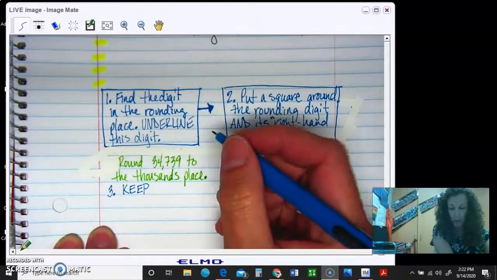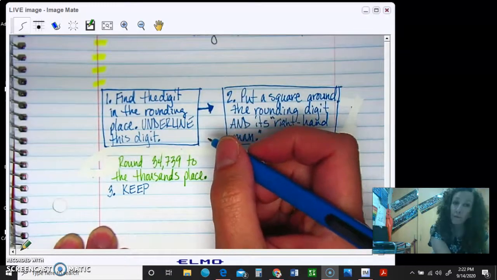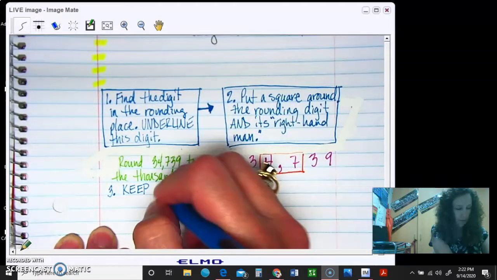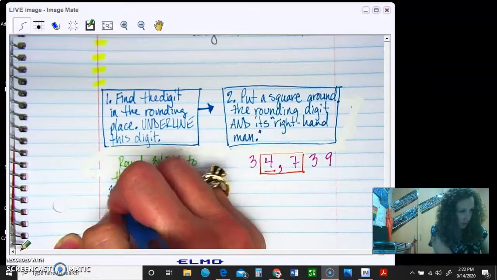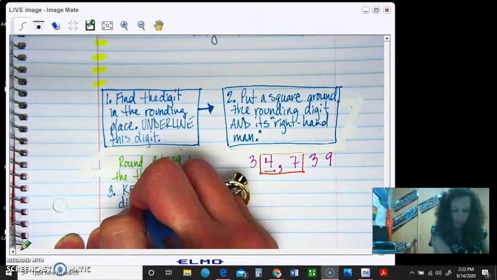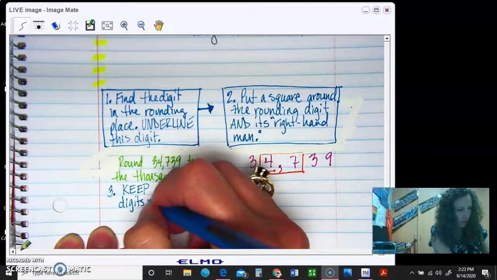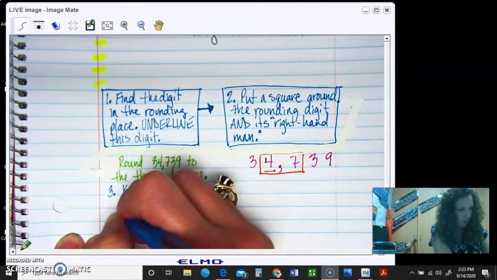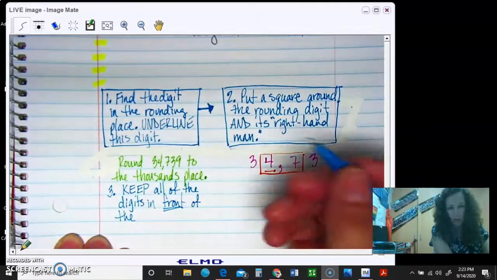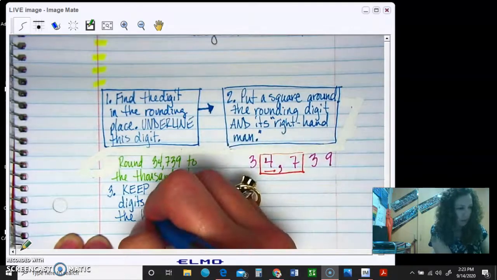You're going to keep all of the digits that are in front of the square, the box, the rectangle, whatever you want to call it. Okay?